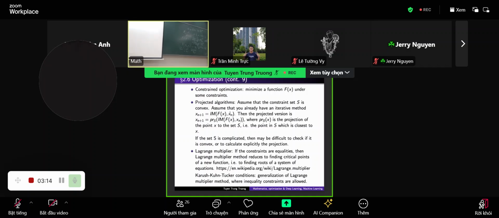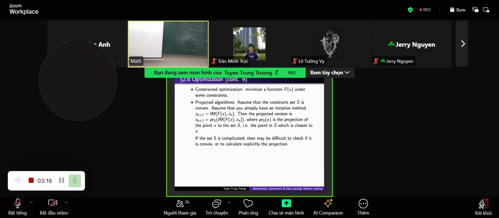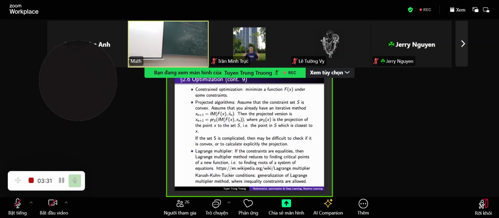So this projected algorithm might be useful, but only if you can check that S is convex, and if you can compute the projection easily. And then another method is the Lagrange multiplier.